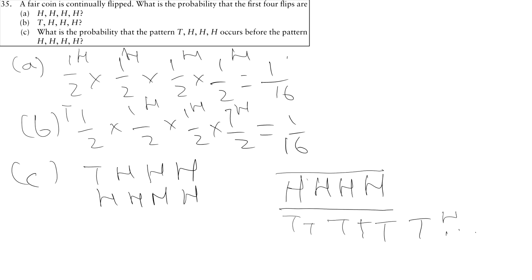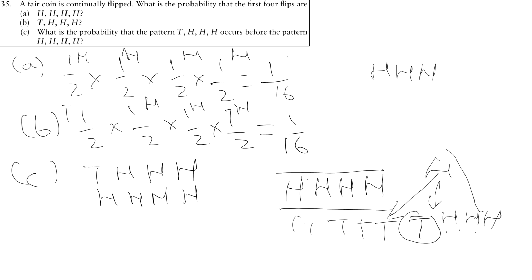Now if 3H comes anywhere other than the first position, there will always be a T there. If instead of T there is an H, then it will become 4H, so it is not the first 3H, then this 3H will be considered, then there again will be a T. So ultimately the only case where 4H appears before T triple H is the first case, that is H, H, H, H. Now the probability for getting this is 1 by 16.